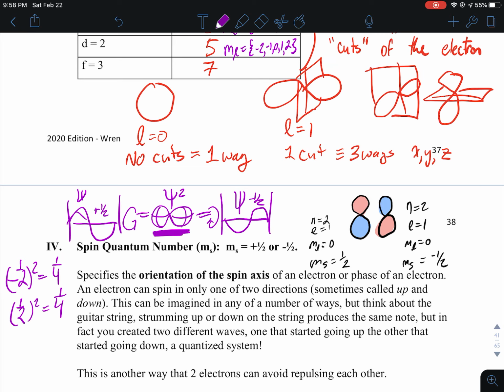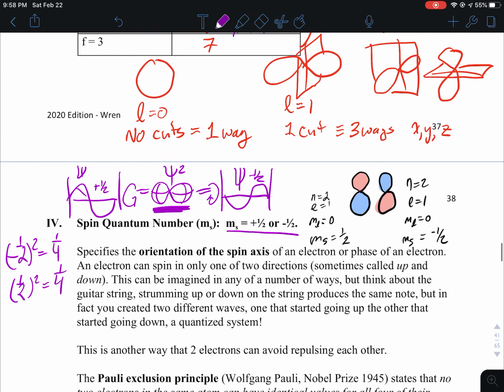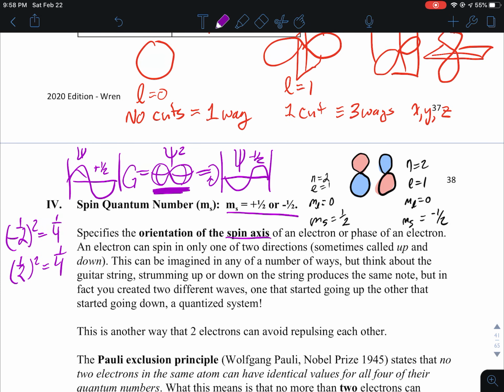But Pauli exclusion only says that the quantum numbers have to be different. It doesn't say anything about the shapes having to be different. So that's what happens here. We have a new number, ms. It's the orientation of the spin axis of the electron. You don't need to know what that is, but it is the reason this happens.